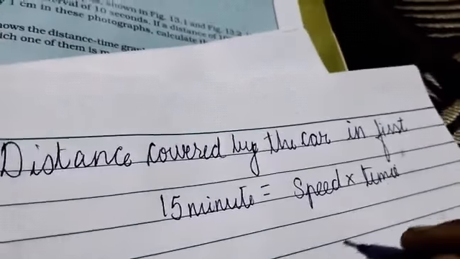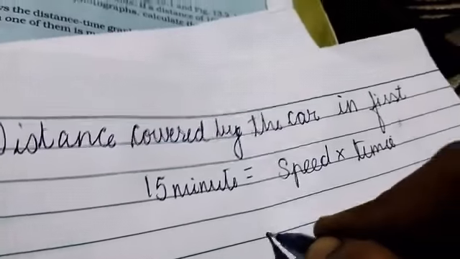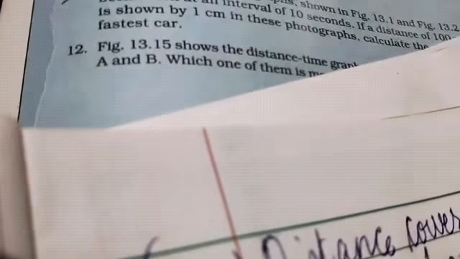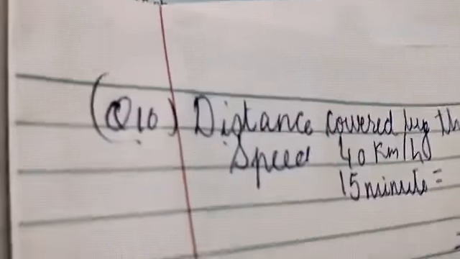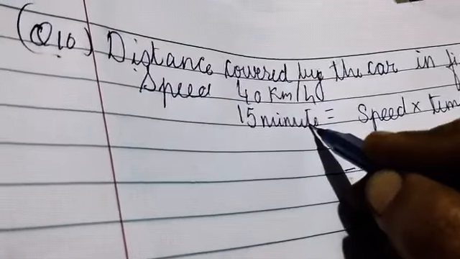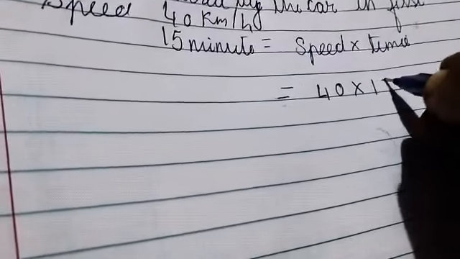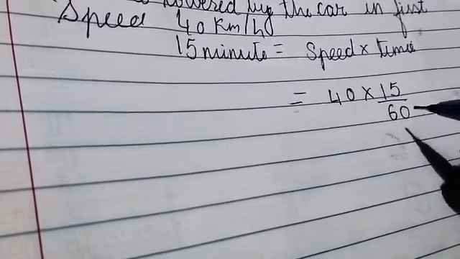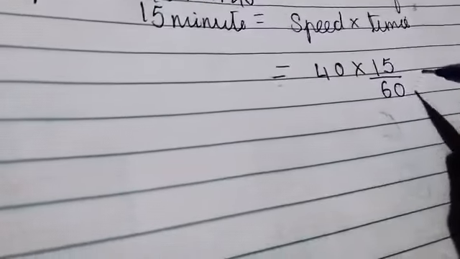ठीक है. Now what is our speed? हमारी स्पीड क्या है? We all know that speed is, we have here, speed is 40 kilometers per hour, right? So speed is 40 kilometer into how many minutes? 15. इनको हम किस में कन्वर्ट कर देते हैं? आवर्स. And we know that 60 minutes becomes 1 hour.